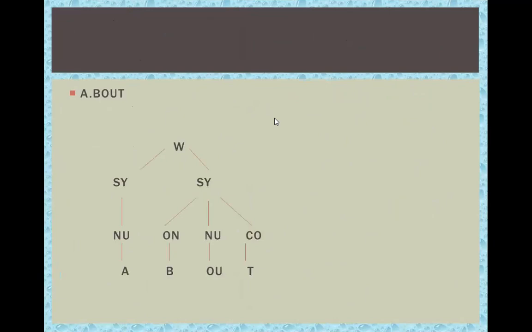And when we elaborate about, we divide about as a-bout. So A is a vowel, so it's the nucleus. B is the first consonant, so it's the onset. O and U are the nucleus because they are vowels, and the last T is a consonant, so it's the coda.